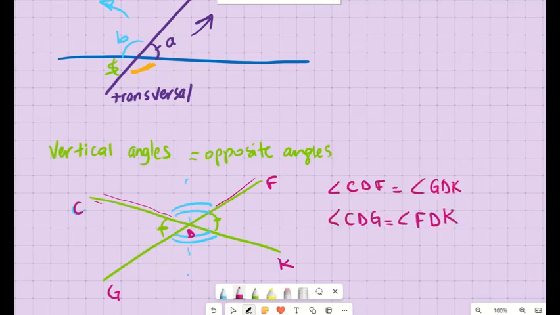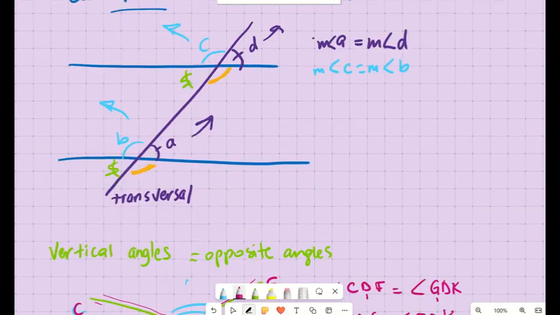Yes, miss, can I say FDC instead of CDF? Yes, I will accept that. If you say angle FDC is equal to angle KDG, yes, they're all equal. You can write it from one side to the other side. However, the D has to be in the middle because D is the middle point that makes the angle. I think we covered everything.